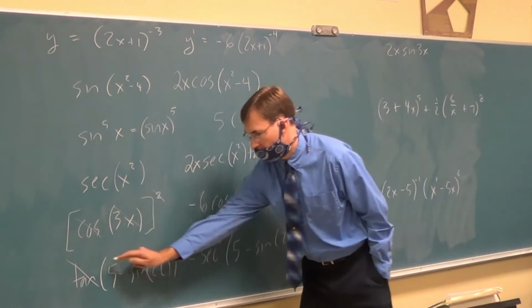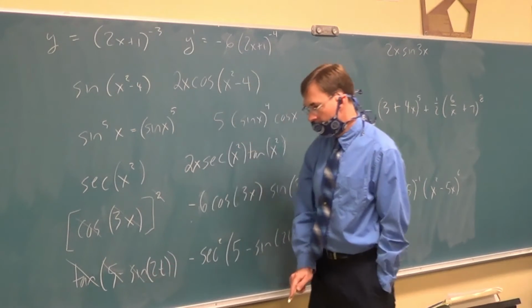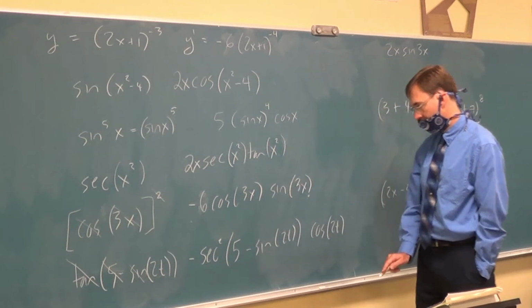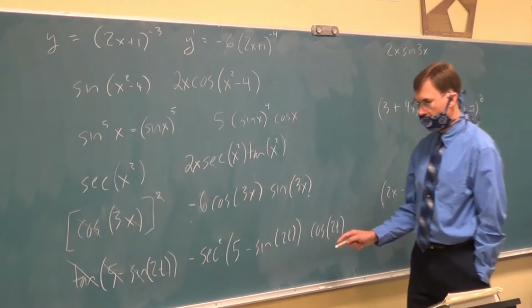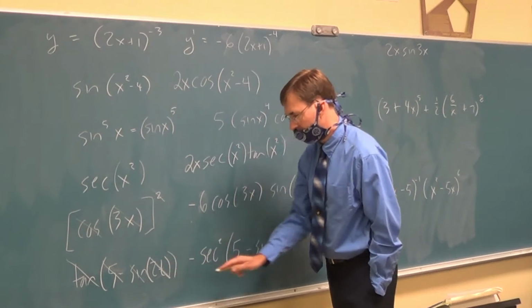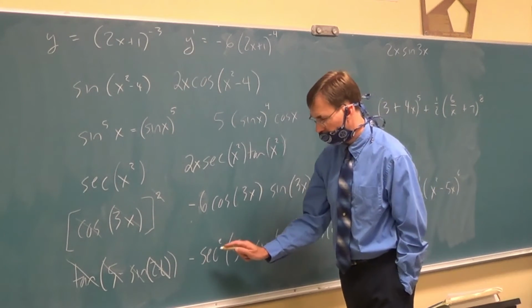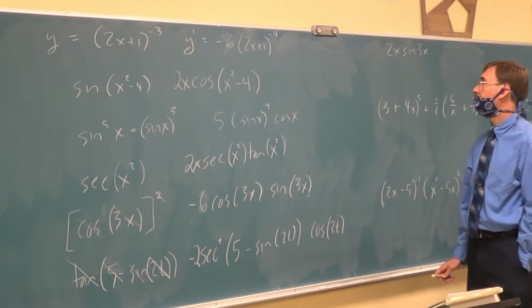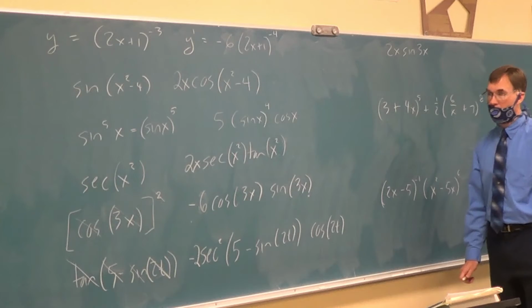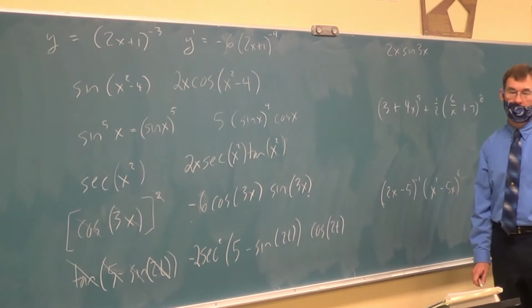So that's handled. That's handled. The only thing that's not really been handled, that's just been repetitively copied, is the 2t turning into a 2. And the best place to locate the 2 next to secant is right in front of the secant. Yep. Question about that?